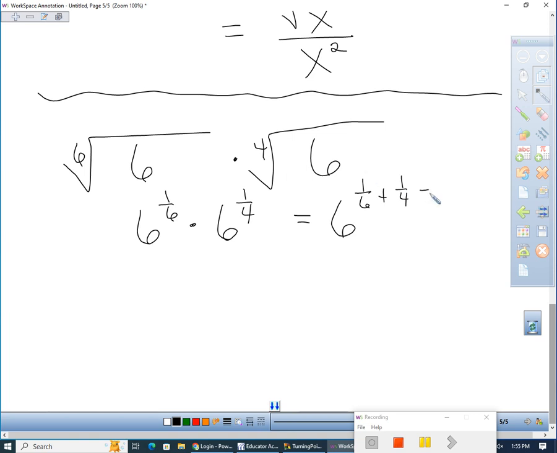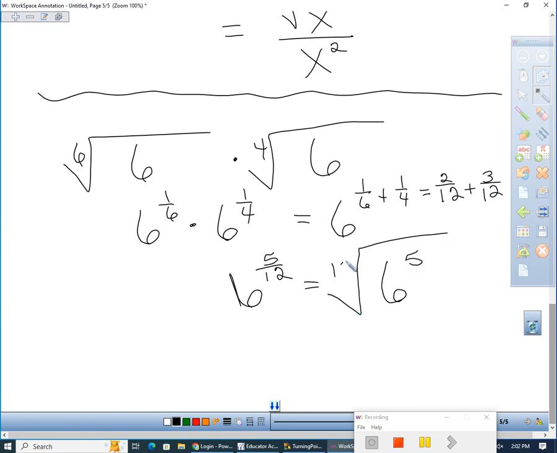So this is actually going to be 2 over 12 plus 3 over 12. So we get 6 to the 5 over 12. All right, now, it started in radical form, so how do you think we need to finish this? In radical form. So that means I'm going to have 6 to the 5th power inside a 12th root.